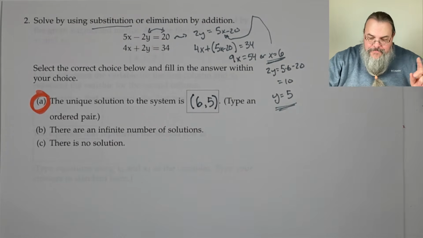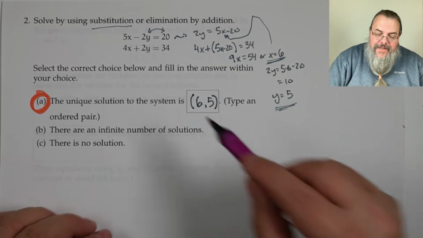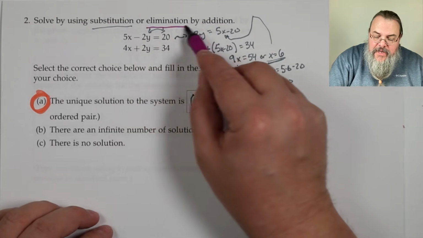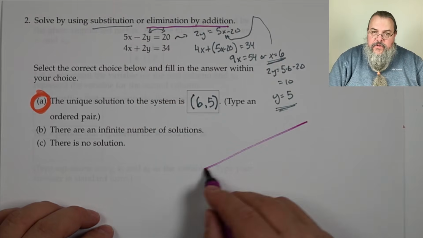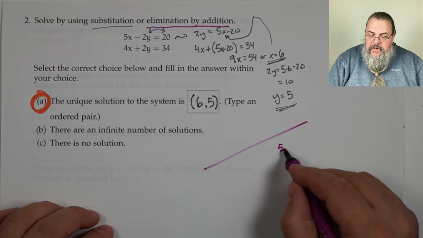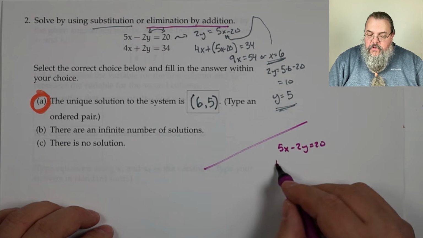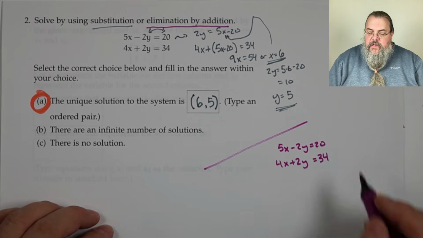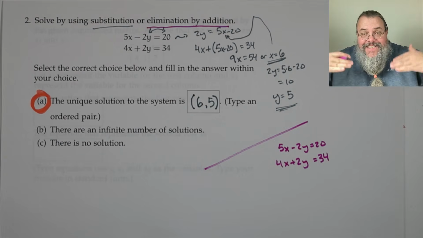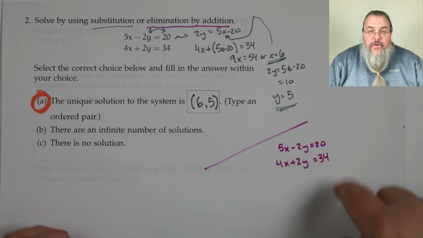Okay, now, that's if we did substitution. Let's talk about elimination by addition. So that's another perfectly valid way to do this problem. 5x minus 2y equals 20. 4x plus 2y equals 34. Now, the idea of addition here is we're going to add the 2 equations.